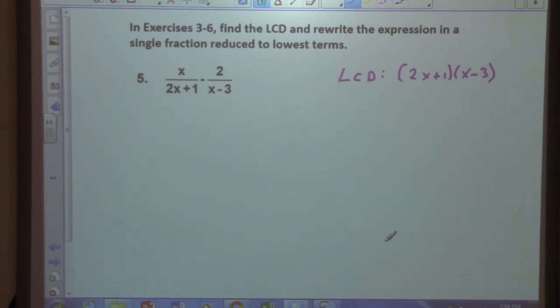Well, I got x squared minus 7x plus 2 over... let me write it down here. That's a lot of x. What did you get? X squared minus 7x minus 2 over this thing here.